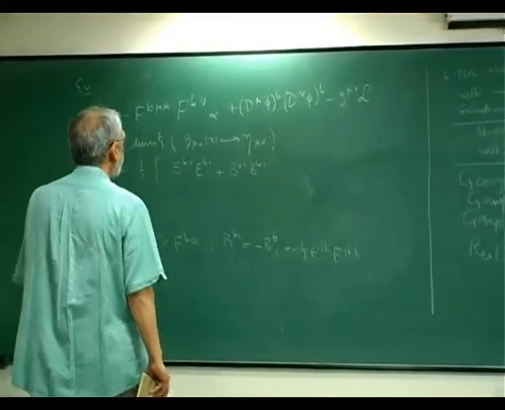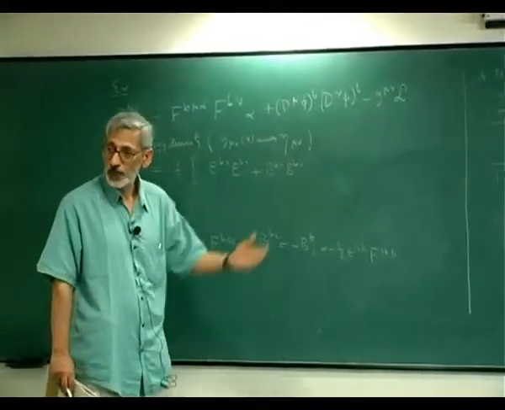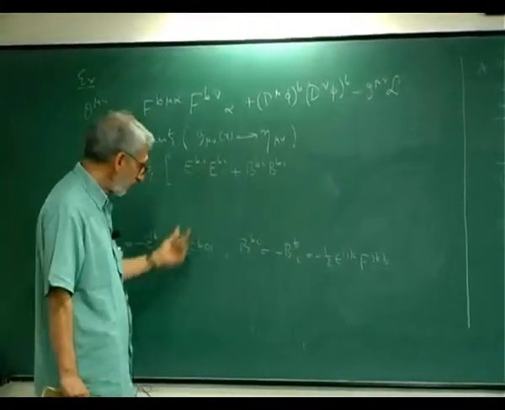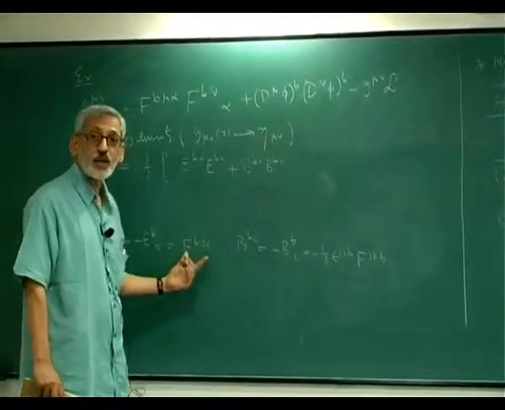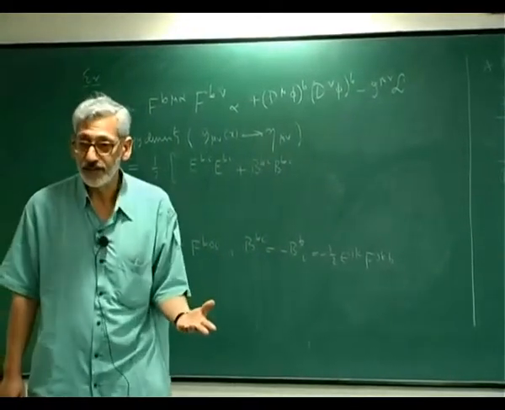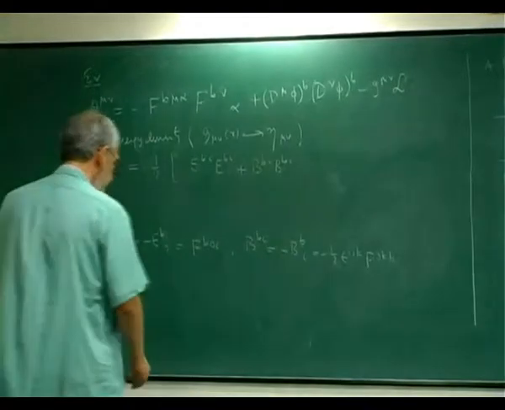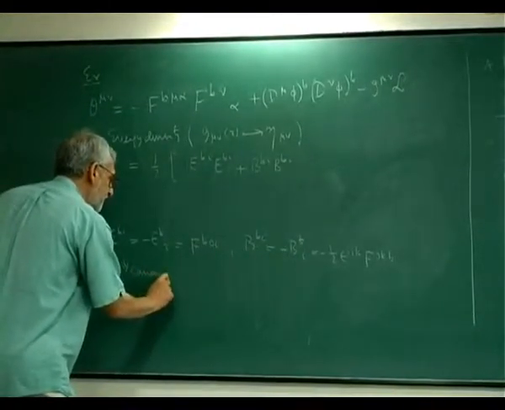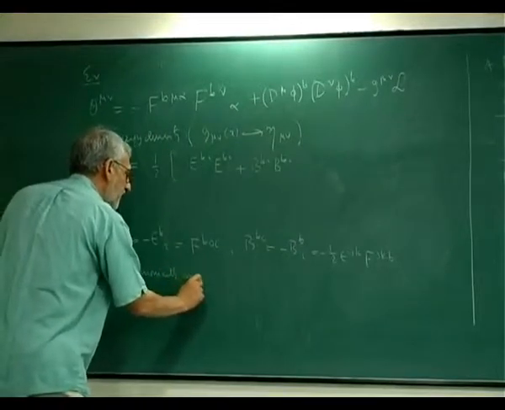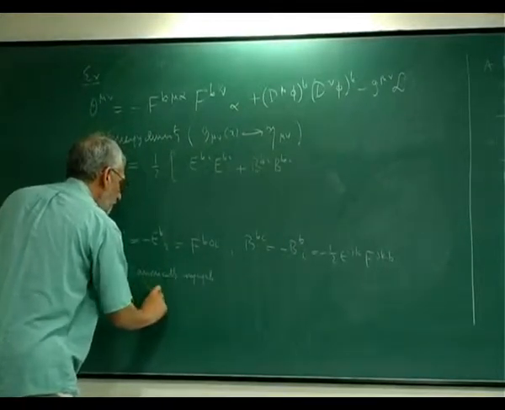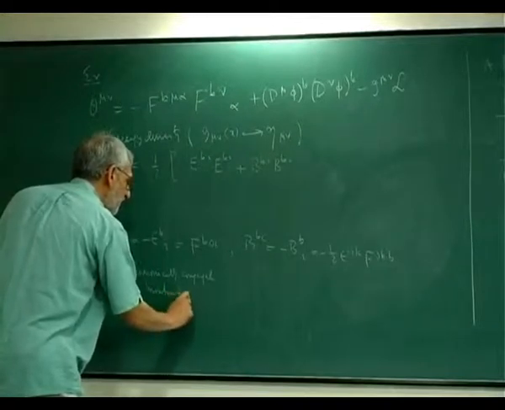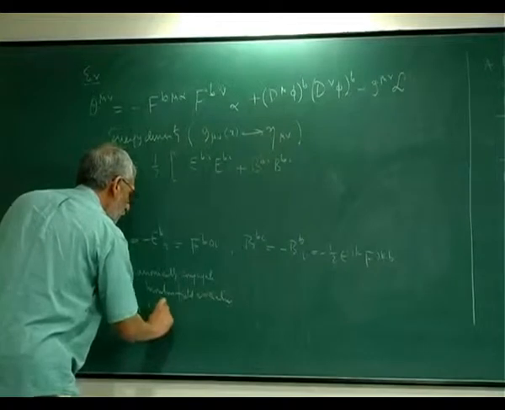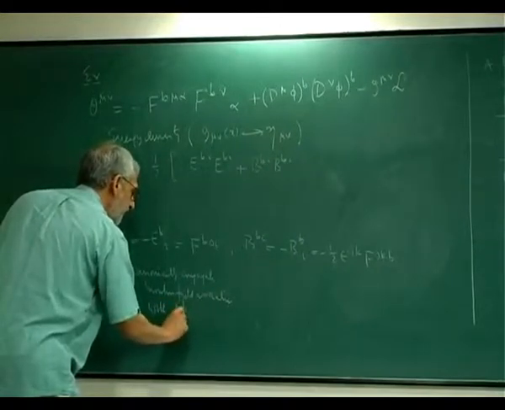Or if you were doing canonical Hamiltonian analysis for this theory, this E that we have here is the canonically conjugate momentum of the field associated with A^B_i.